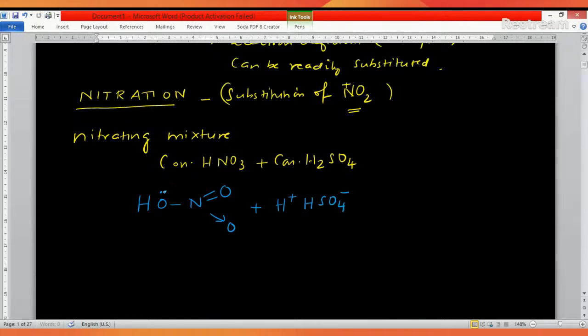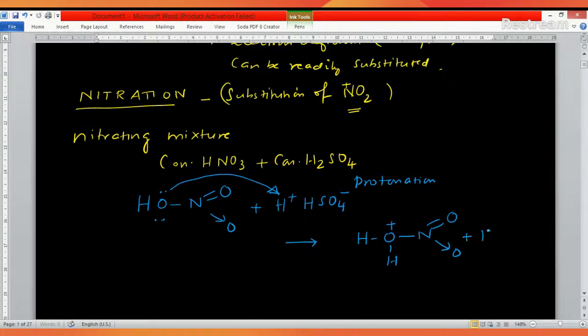In the nitric acid, oxygen contains 2 lone pairs. When one of the lone pairs is given to this hydrogen, this is called protonation, addition of proton. So we get the protonated form HO, H, and N double bond O, single bond O, this is carrying plus, and HSO4 minus.